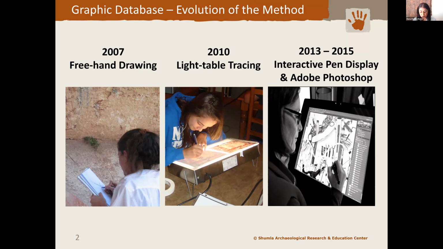The second image in the center shows an improvement implemented in 2010, when the illustrator traced figures from high-resolution photographs using a light table. The third image on the right shows a turning point between 2013 and 2015, when Shumla began producing digital illustrations using the high-resolution photographs, an interactive pen display, and Adobe Photoshop.